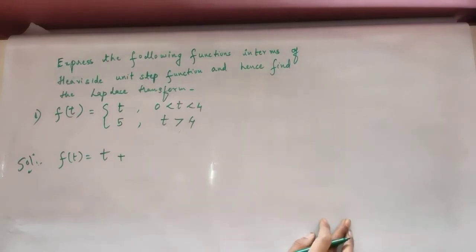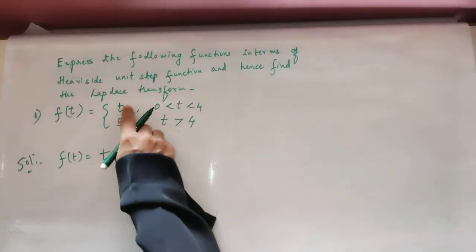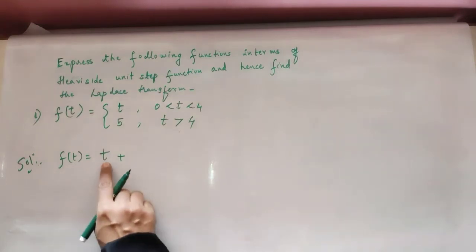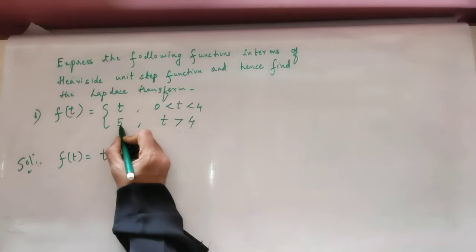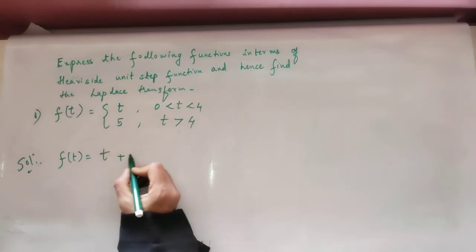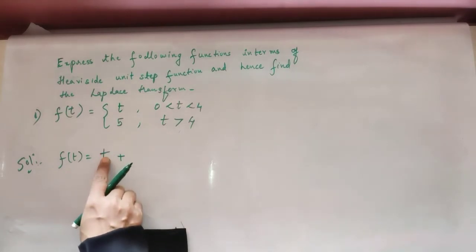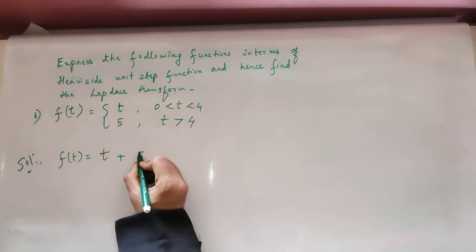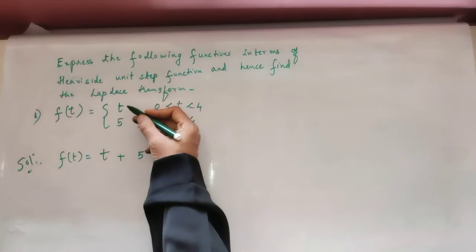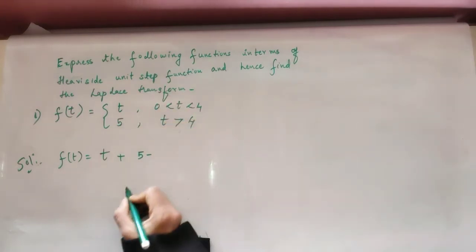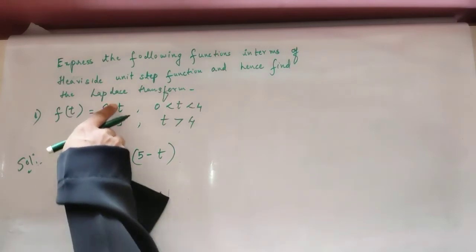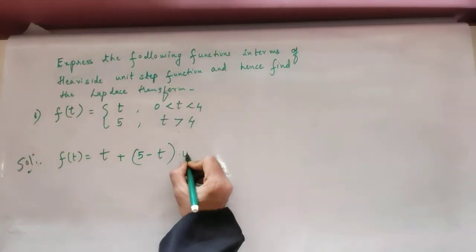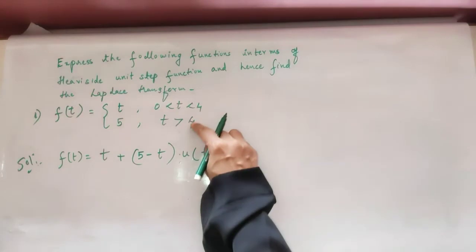Plus, first you keep the first term as it is, no change in that. For the second term, you take the next term. How is it defined? It is 5. So first you keep t as it is, plus the next value of the function minus the previous value of the function, that is 5 minus t, into u of, what is the common value between them?